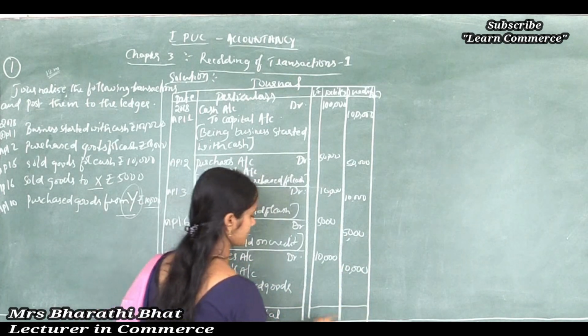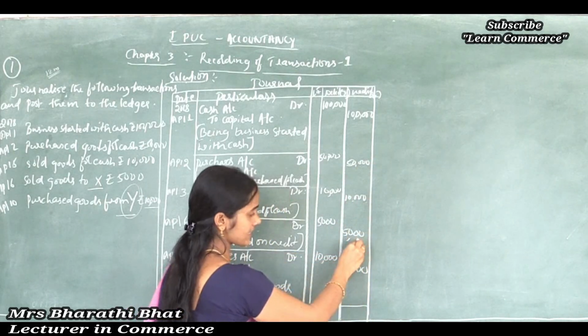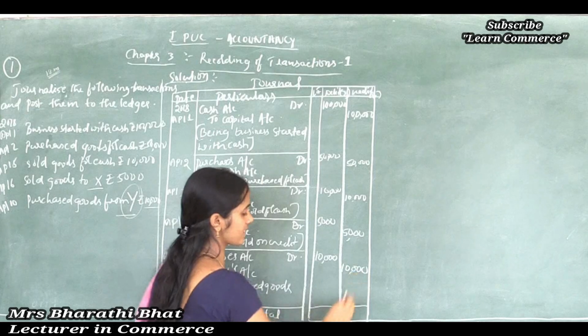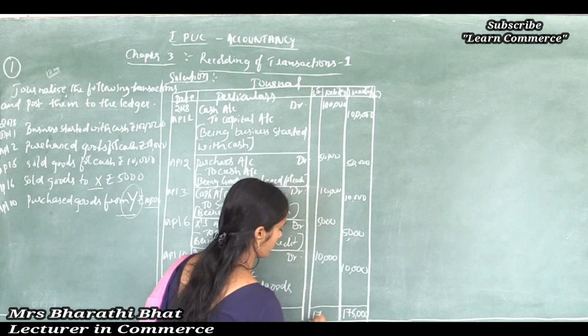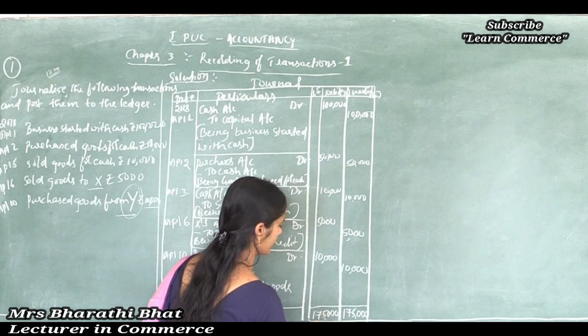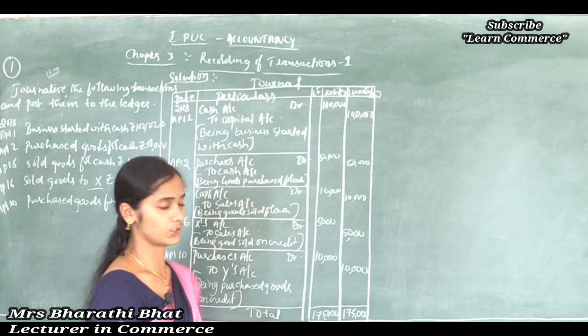Total it: 1,50,000, 1,60,000, 1,65,000 and 1,75,000. 1,75,000 credit total and 1,75,000 debit total.